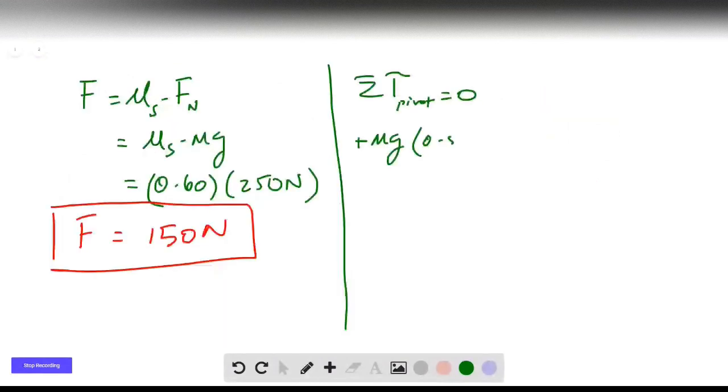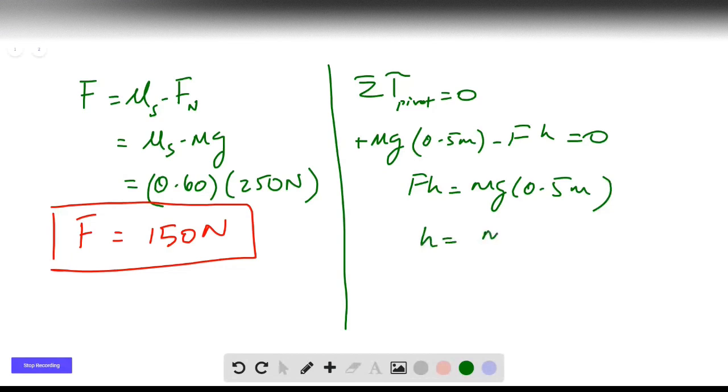So mg times 0.5 meters minus F times H is 0. That means FH equals mg times 0.5 meters. So H has to be mg, 0.5 meters, all over F.